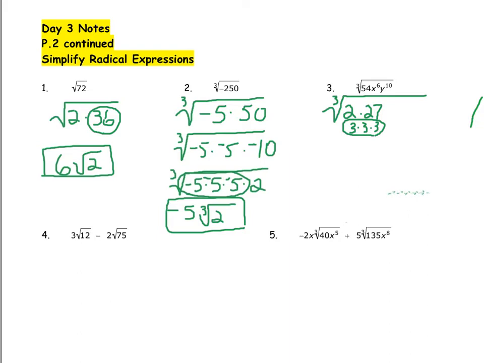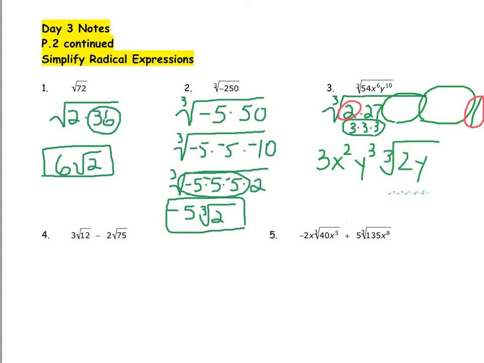And now we're taking out for the 2 factors of x cubed, and we're taking out for the 3 factors of y to the 3rd. So we've got a 3 outside, an x to the 2nd power, a y to the 3rd power. What's left inside are our factor of 2 and our factor of y. And those stay inside the cube root of 2y.